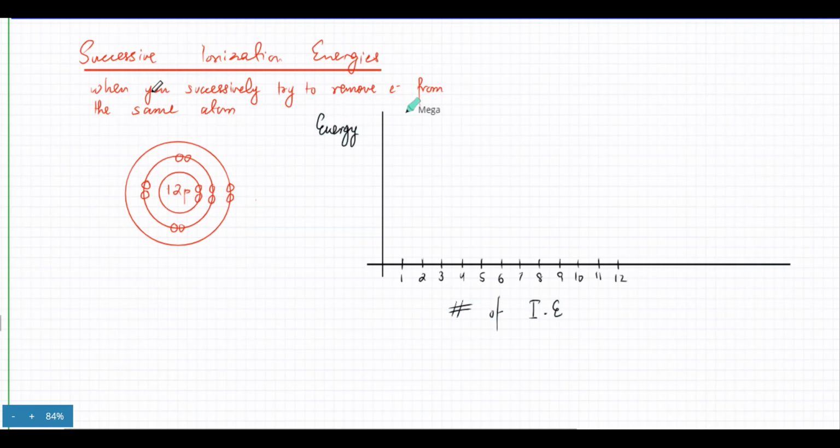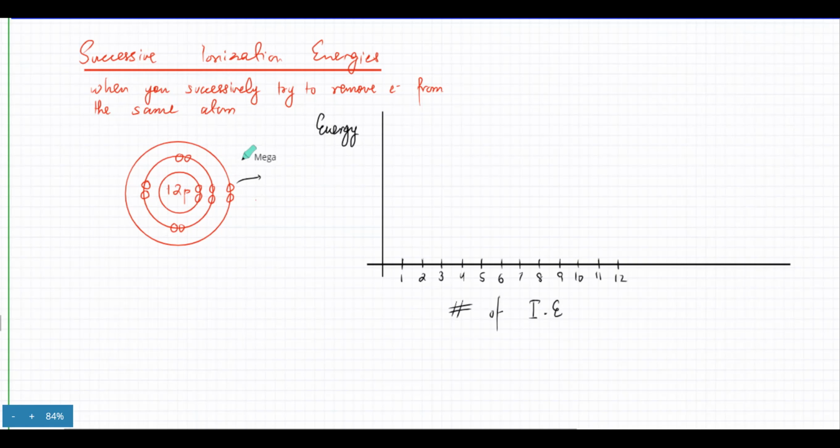Now, when we're trying to remove the first electron, think of the 5 factors. The first electron is really, really far away from the nucleus, and it's shielded as well. Lots of inner shells. It's far away and shielded, and the net charge is 0 as well. So it would be very easy for you to remove that electron.